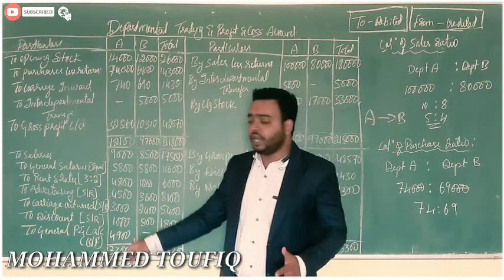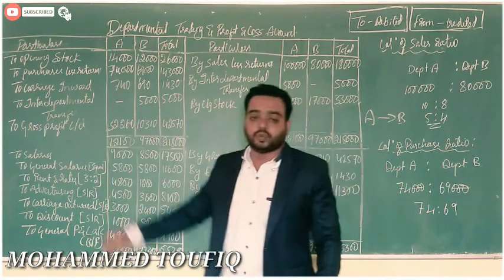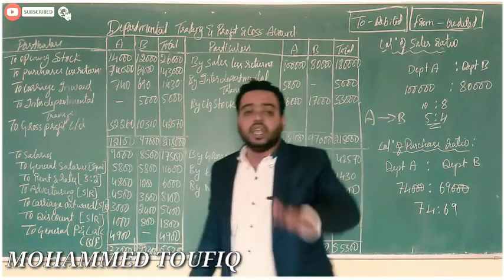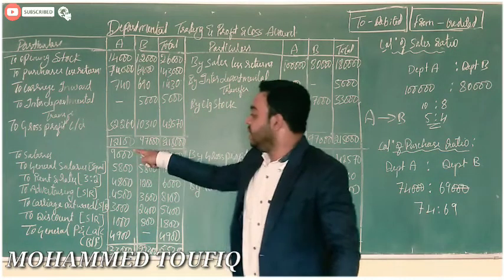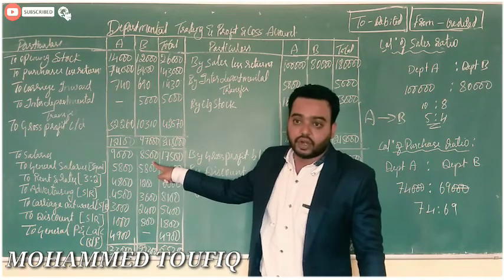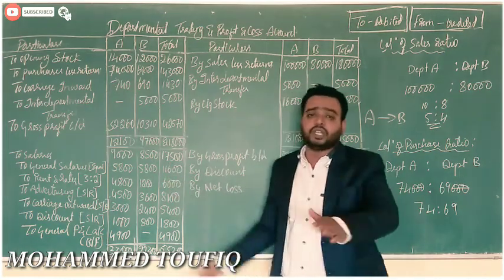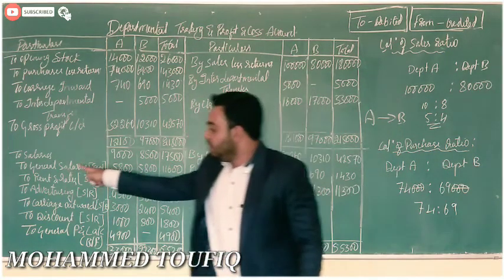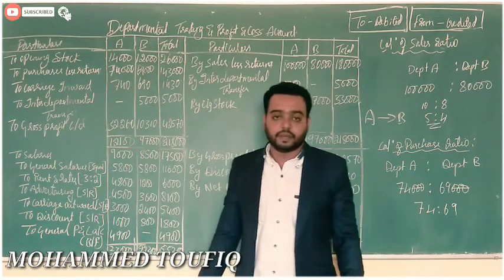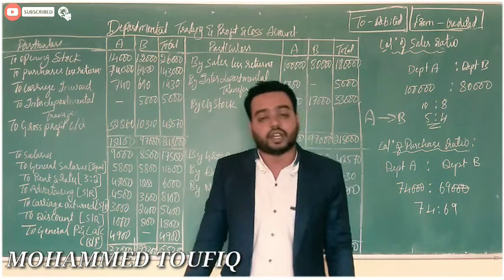So just concentrate. Excluding those two expenses, we have taken other expenses here, that is salaries, which are already allocated: 9,000 for department A, 8,500 for department B, and total 17,500 for both the departments. General salaries: the total general salaries given in the question is 11,600.